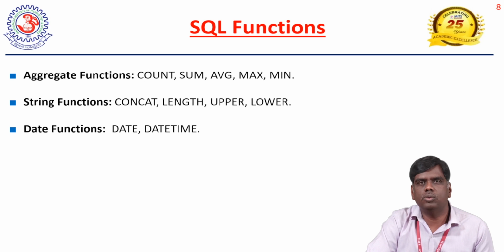And if you want to find the length of a particular column, we will use the length function, which will display the length of that column. Then upper and lower. We can have some values in our rows and columns. Maybe the first name is all in small case, but in our report, if I want to make it upper case, I can use the predefined upper function, or if you want to display that value in lower case, we can use lower.